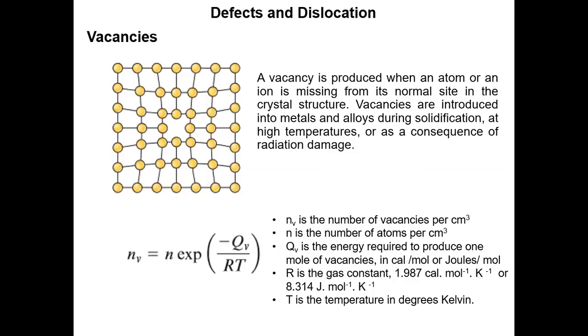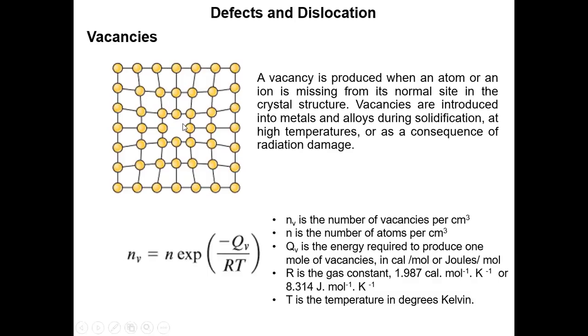Right? So what is a vacancy defect? These yellow circles represent the atoms. Here you can see there is a missing atom, so we call it a vacancy. Here is the definition: a vacancy is produced when an atom or an ion is missing from its normal site in the crystal structure.